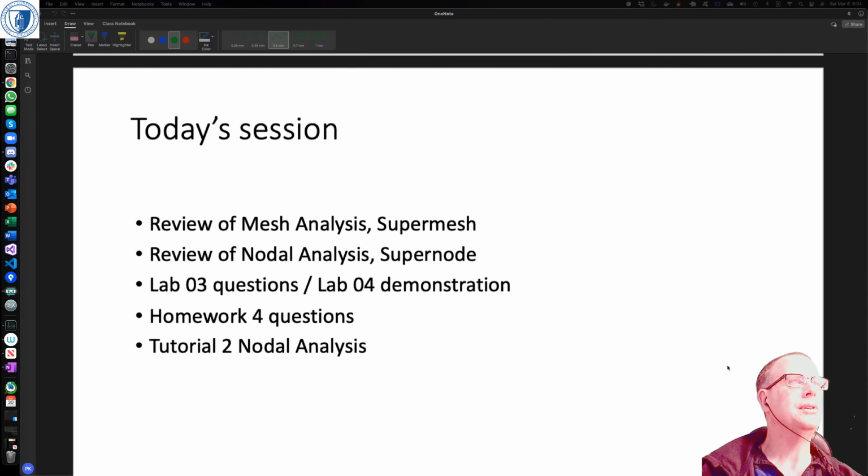If the positive terminal of the voltage source is connected to the non-reference node, then the node voltage is just the voltage source voltage. But if the negative terminal of the voltage source is connected to the non-reference node, then the node voltage is the negative of the voltage source. But I'll go through that a bit more.